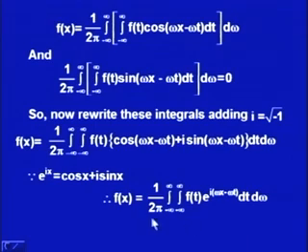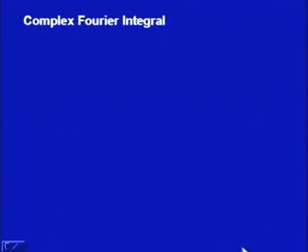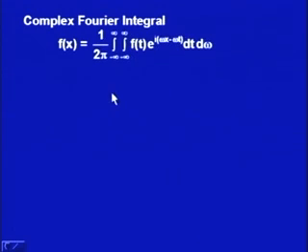Now, you see that we have written this function in the form of an integral with a complex function. So, this is called the complex Fourier integral. So, the complex Fourier integral we found is 1 upon 2 pi integral minus infinity to plus infinity, again integral minus infinity to plus infinity f t e to the power i omega x minus omega t dt d omega.